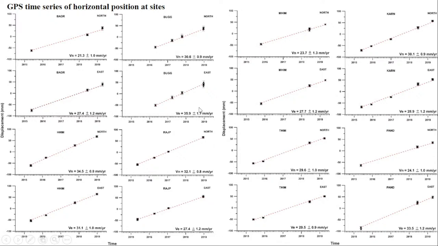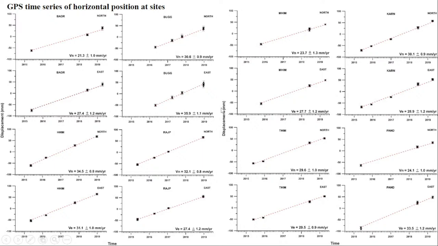You can see this is coming in 1 millimeter, 0.9 millimeter, 1.3 millimeter. We can expect a little bit more error in campaign data than permanent, because permanent provides continuous information, but campaign data is episodic, so it is not continuous. That's why the error ambiguity cannot be resolved 100%.